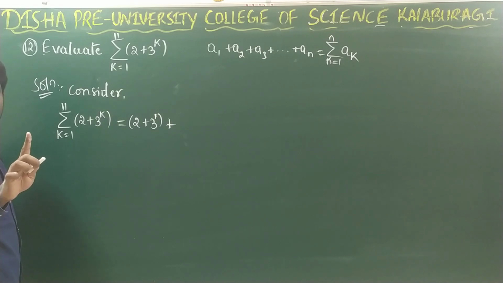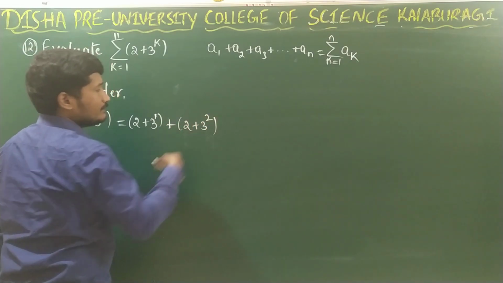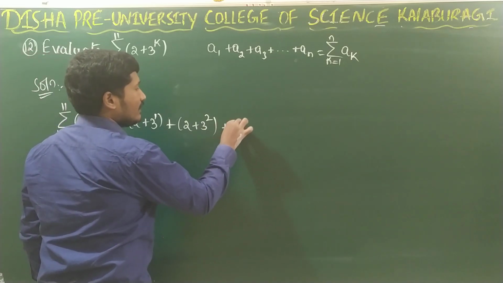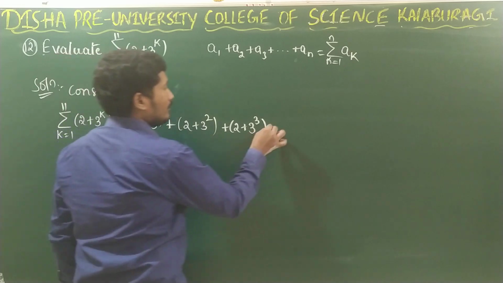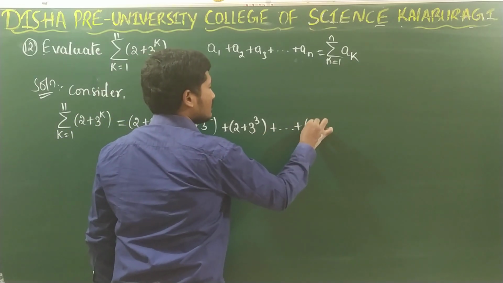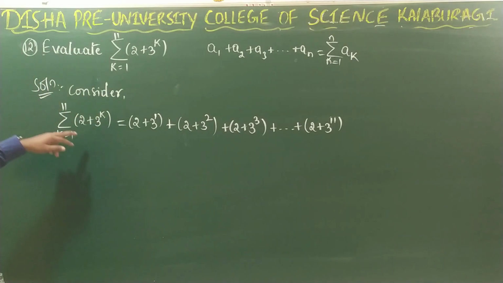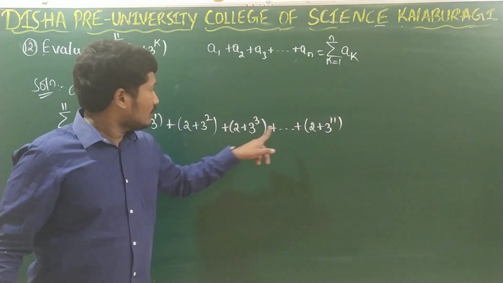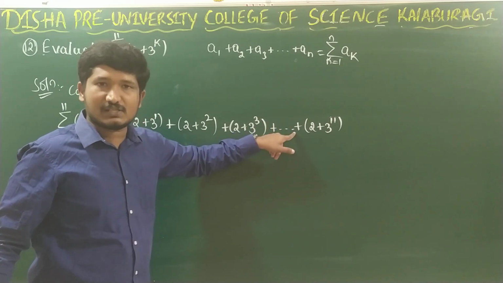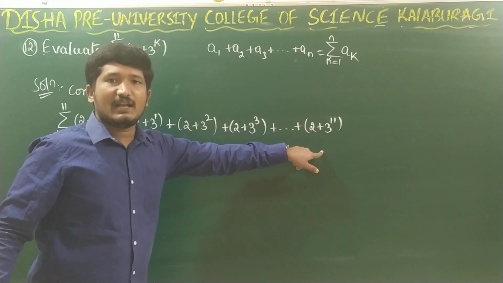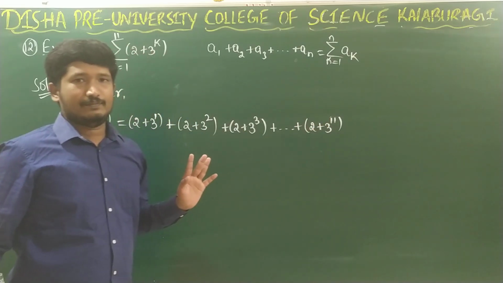Remember that. K is equal to 3 means 2 plus 3 power 3, plus so on. There are 11 terms, so in between we will have K is equal to 4, 5, 6, 7, 8, 9, 10, and the last term is K is equal to 11.